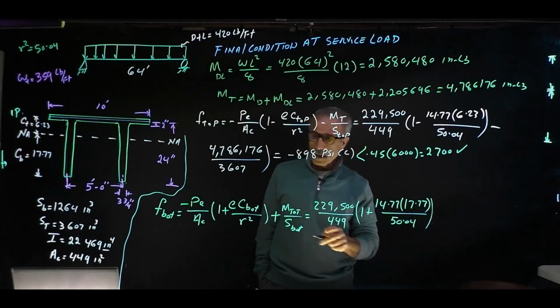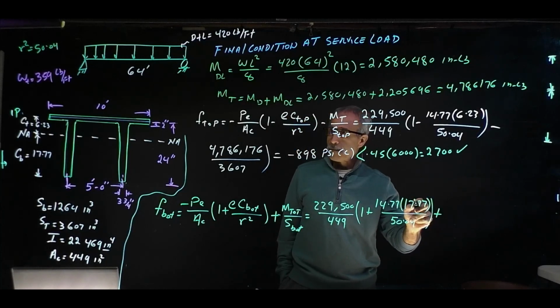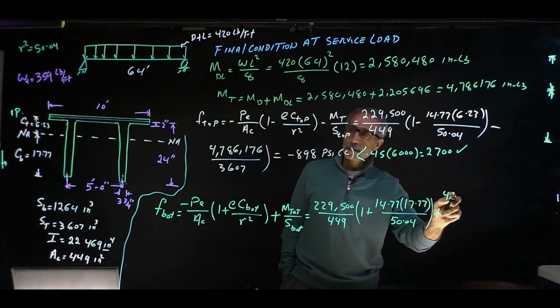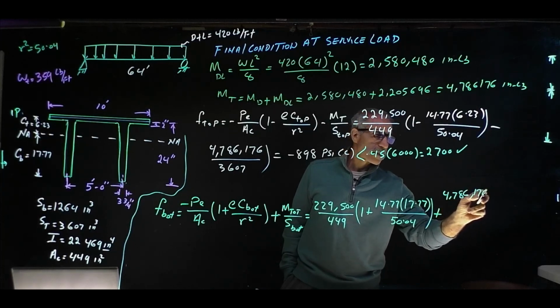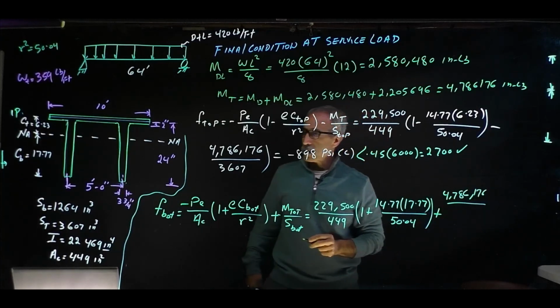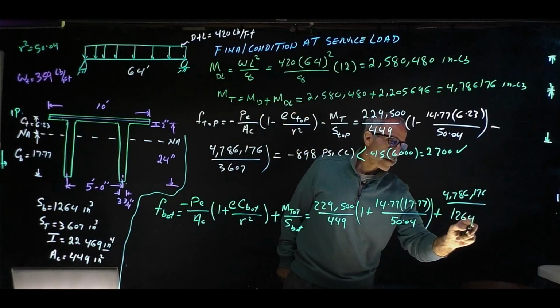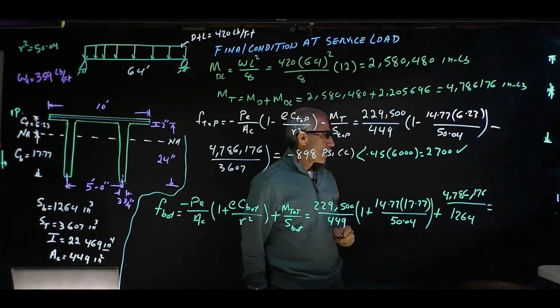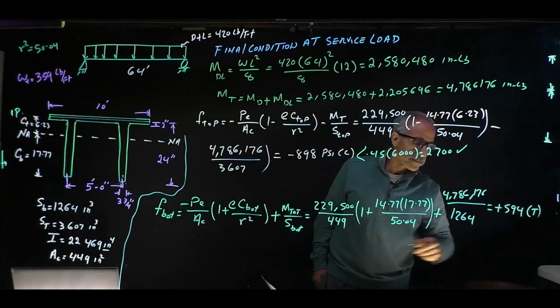Then plus M total, which was 4,786,176. Divide that by the S at bottom, 1264. So that comes out to plus 594. That means it's in tension.